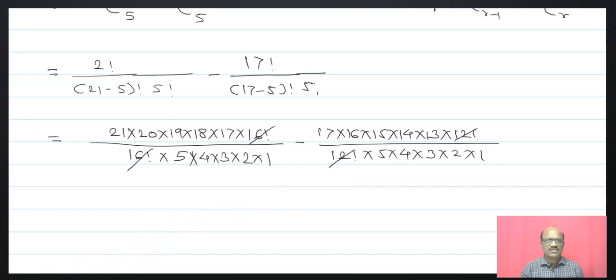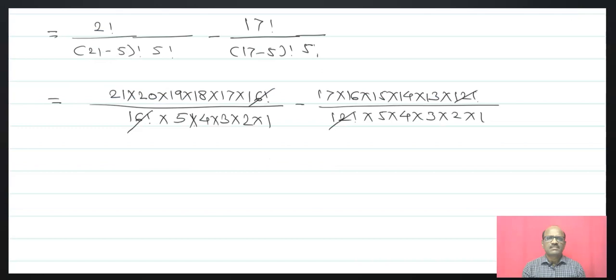This is the cancellation; the terms get cancelled and you perform the calculations. You can perform the calculation on your own also.